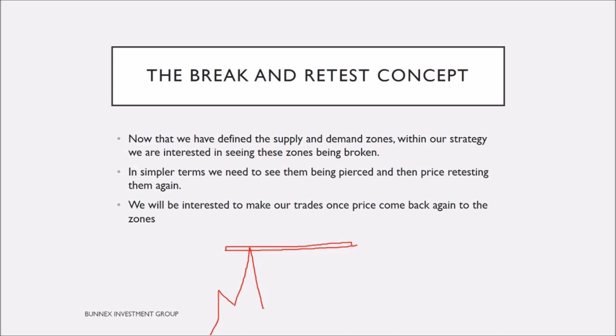After marking out our supply zone, we are interested in seeing a breakout through this supply zone and then a retest of that supply zone, and we are interested to take a trade at this retest zone of interest to go with the trend.